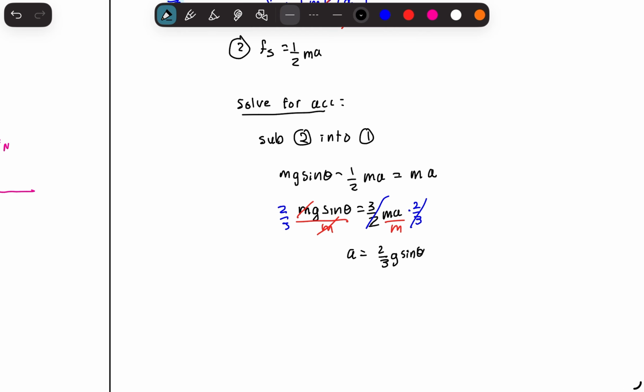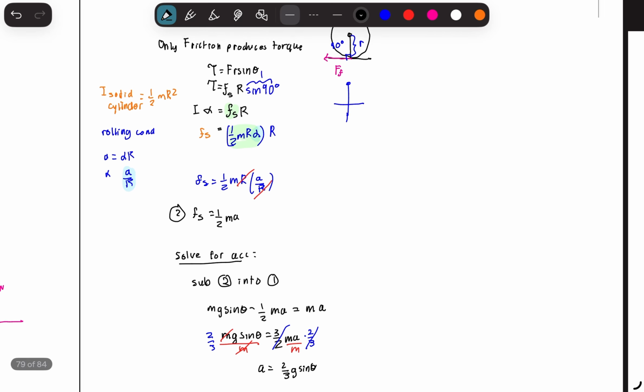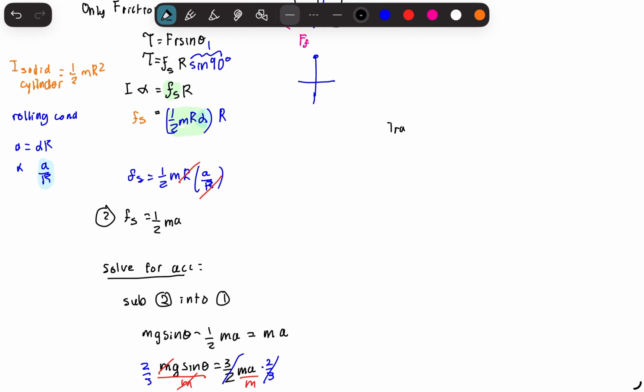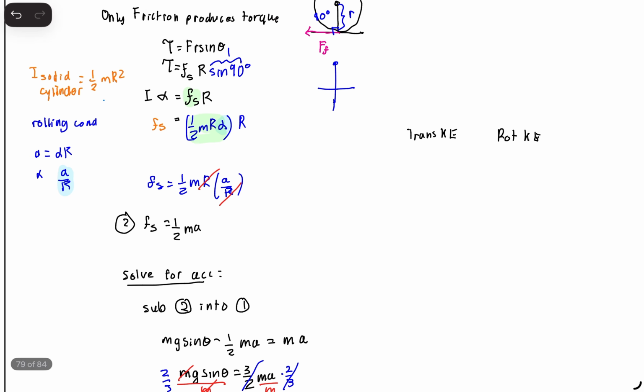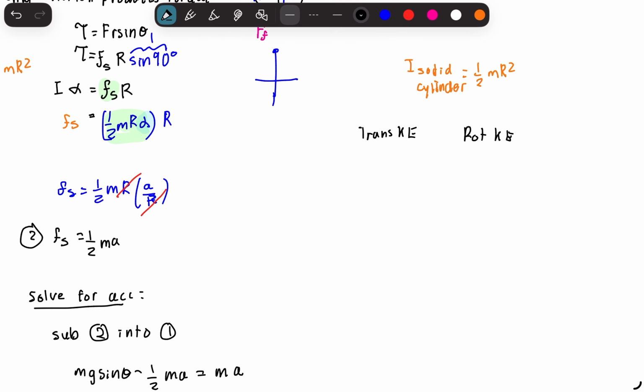Now, we can also solve for the translational and the rotational kinetic energy for the cylinder. For a solid cylinder, again, we have I equals 1/2 mr squared.